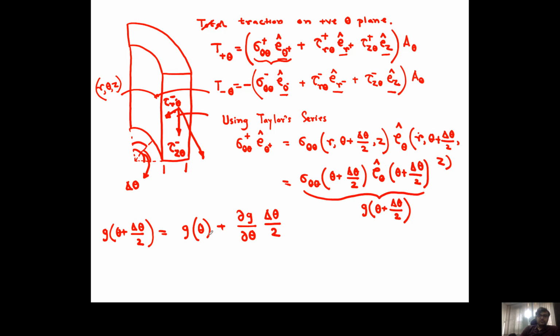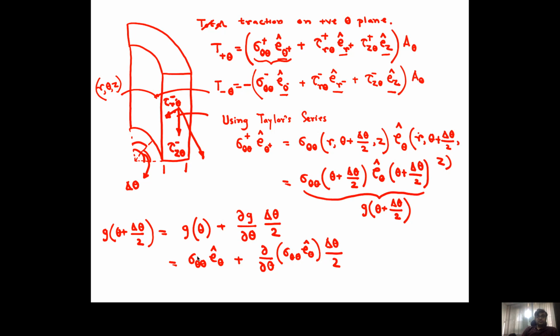And if this is the case, now you substitute this g of theta, so the first term will become sigma theta theta times e theta hat plus del by del theta of g, which is basically sigma theta theta e theta hat, times delta theta by 2.